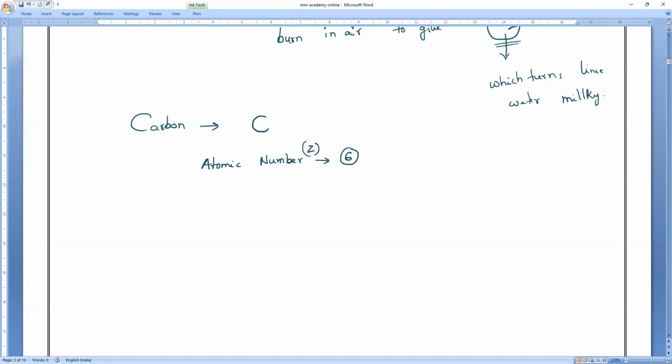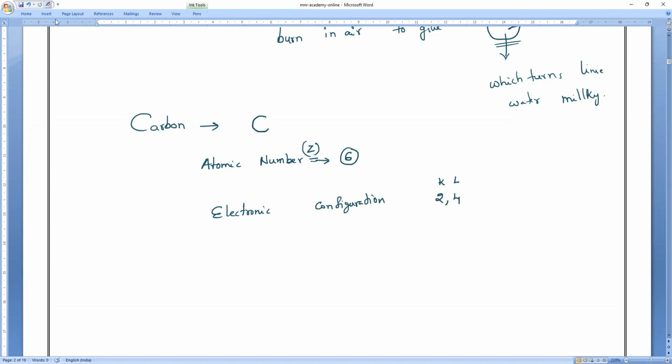The symbol for atomic number is Z. So what is the electronic configuration? 2,4, meaning K and L shells.